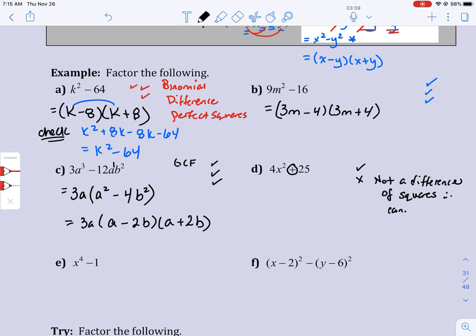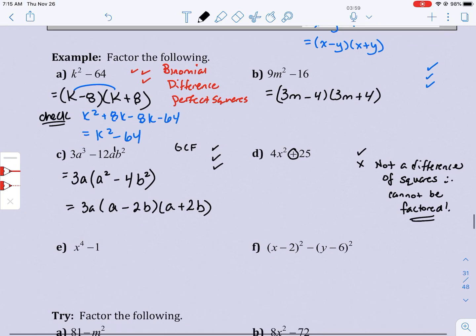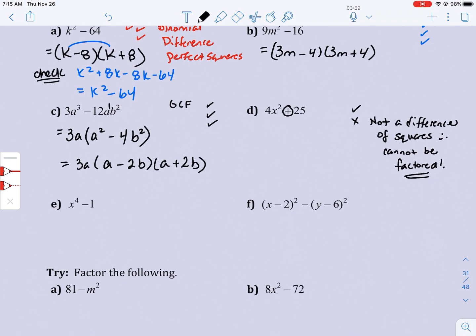Therefore, it cannot be factored. Okay? And if you try to factor that, if you think to yourself, well, maybe it's just 2x plus 5 and 2x plus 5.